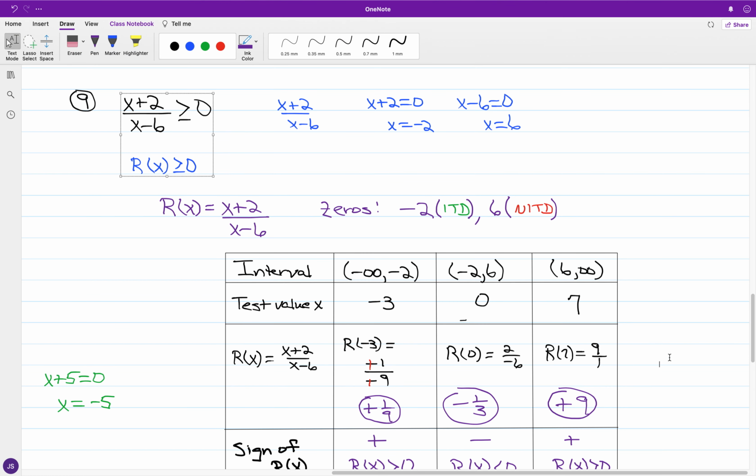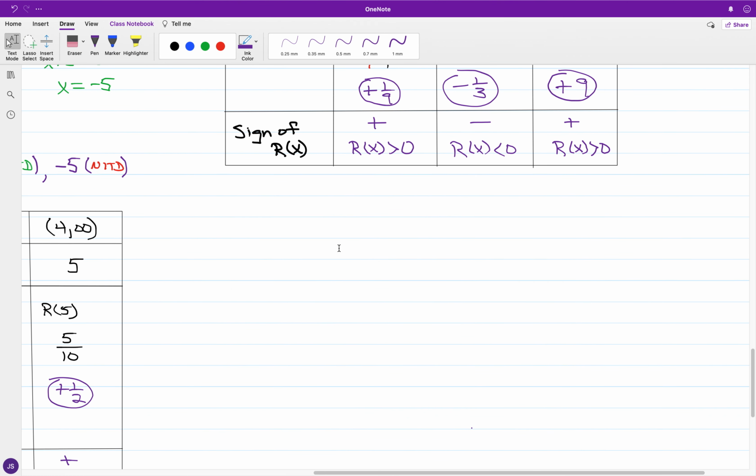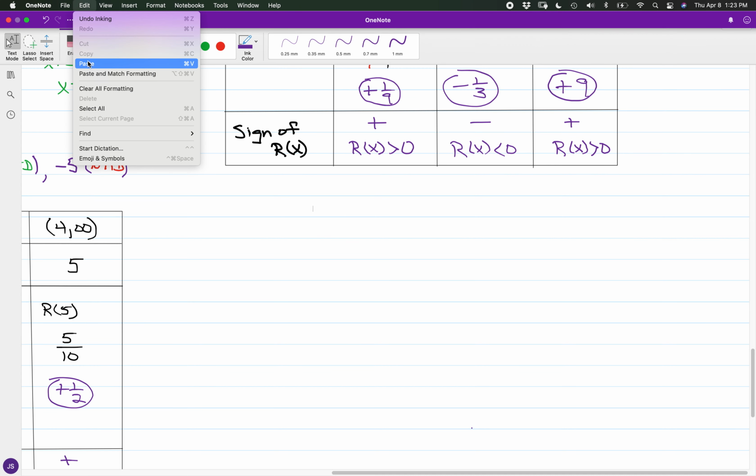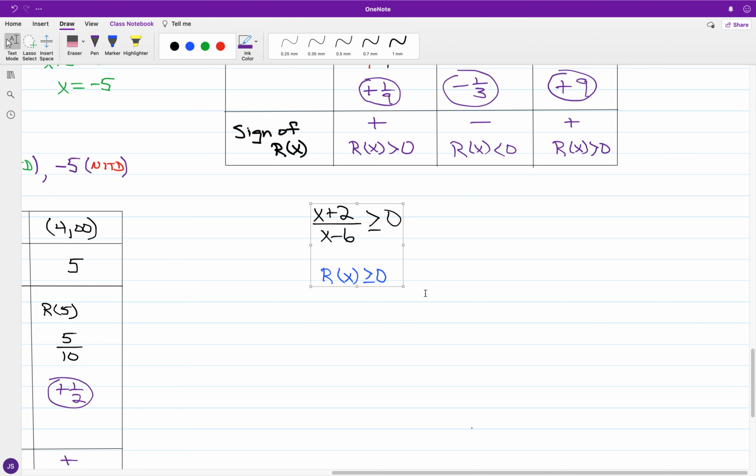Okay, and so we're going to have here x plus 2 over x minus 6 is greater than or equal to 0.